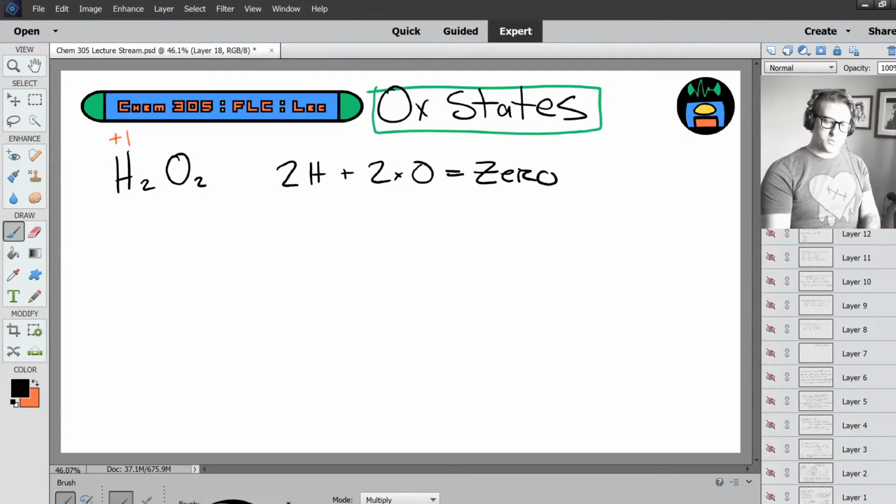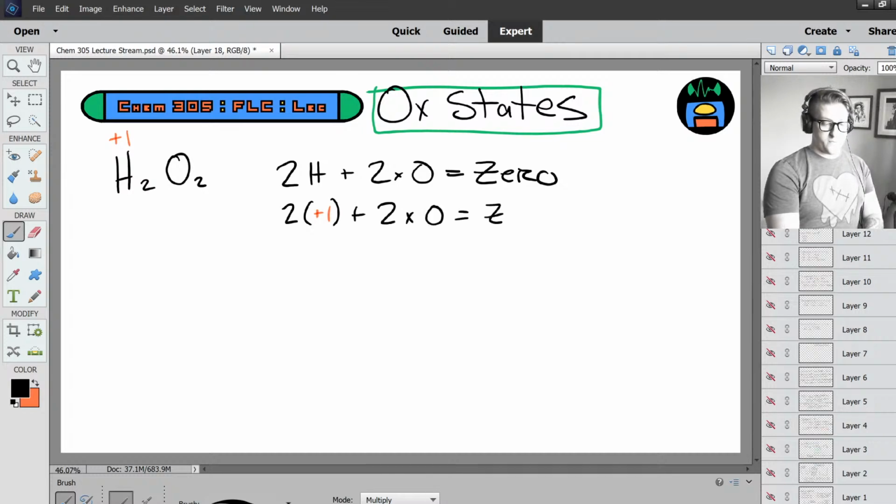So we've written out this equation. We know the oxidation state for hydrogen is +1, and this gives us enough information to solve for the oxidation state of oxygen. So we have +2 plus 2 times the oxidation state of oxygen equals 0.